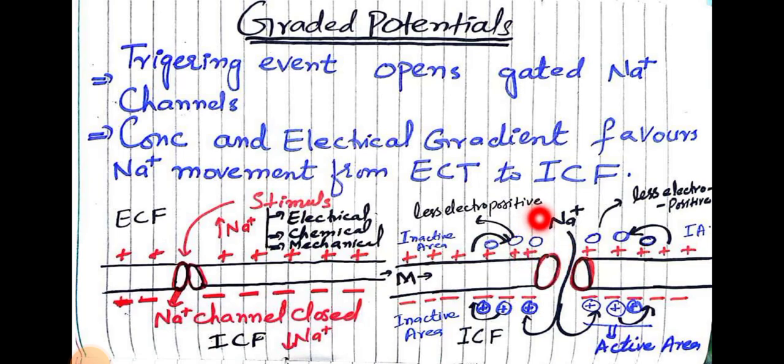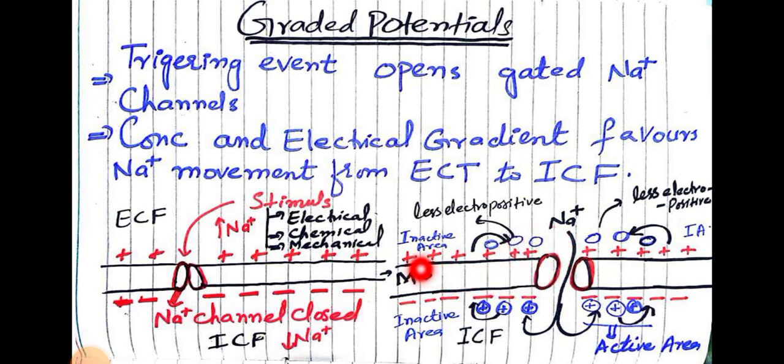When sodium moves from outside to inside, from extracellular to intracellular fluid, these blue colored circles having positive charges mean sodiums that have moved in. So this is an active area. It is more positive as compared to this adjacent inactive area. And there is a decrease of positive charges on the outside due to the movement of these positive charges to the inside.